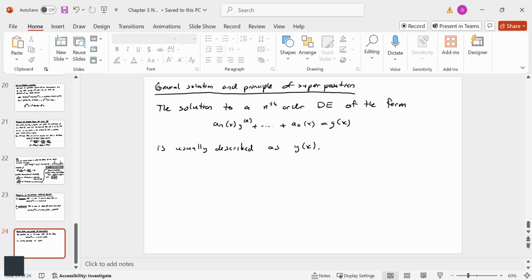Right? That's really what it is. It's just y of x. Most textbooks actually use a different letter. They use like phi. So sometimes they'll use phi of x, right? Like that's the solution to this equation.